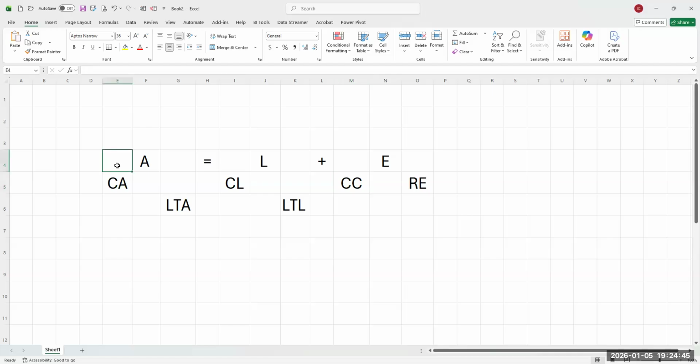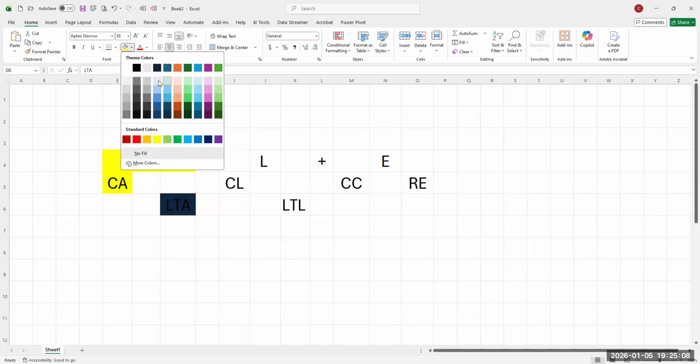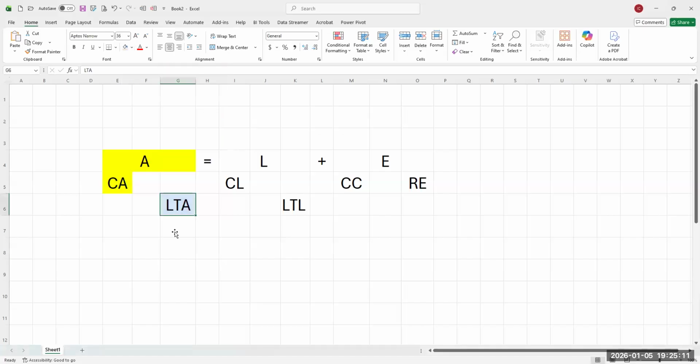Now, what I want to remind you of is that in 1110, we covered the assets: current assets, cash, accounts receivable, and inventory. This term in 1210, we're going to cover long-term assets, or property, plant, and equipment.